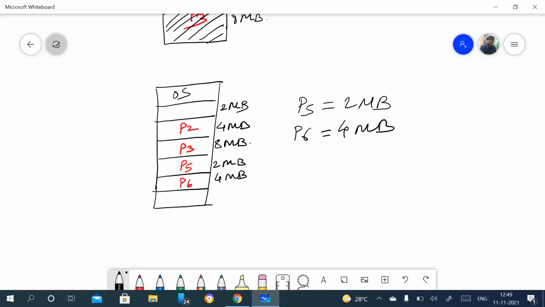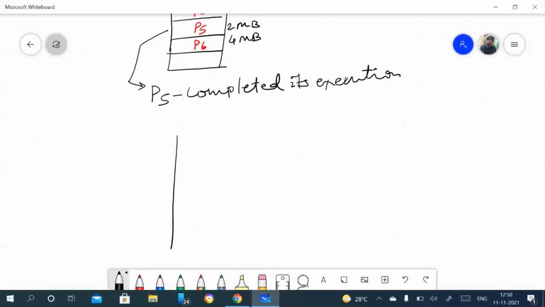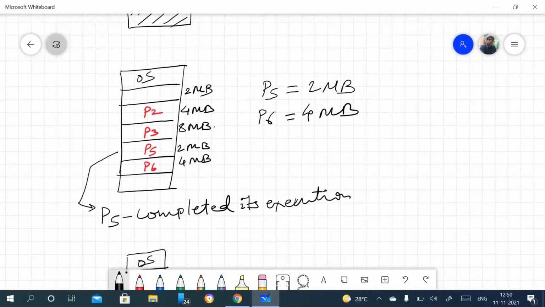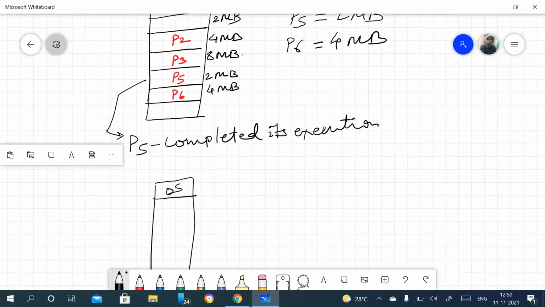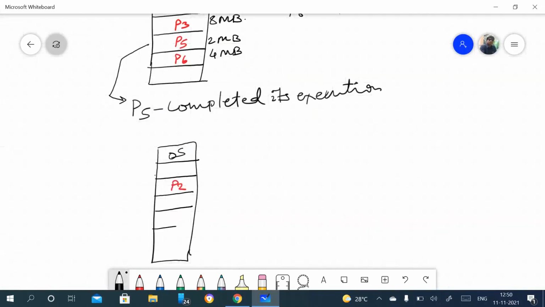And assume process P5 completed its execution. Now the final representation would be: P2, P3 and P5 completed. This slot is free. Then this is P2, this for P3, this for P5, P6.